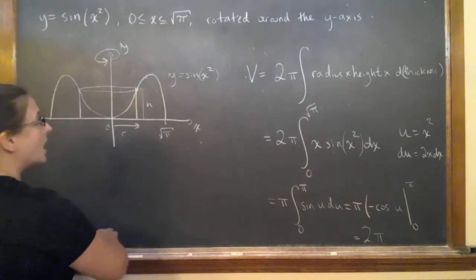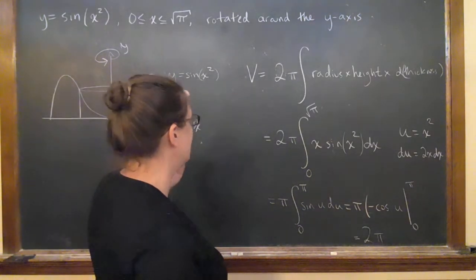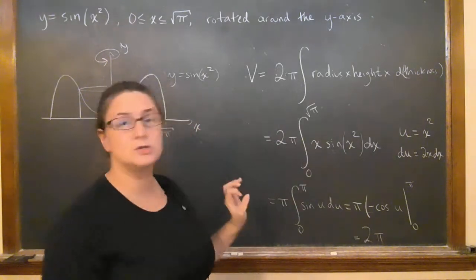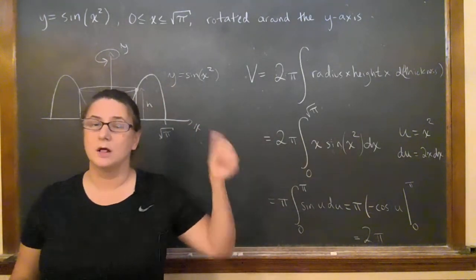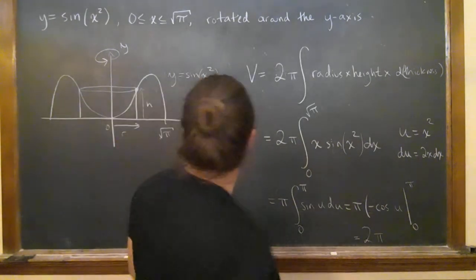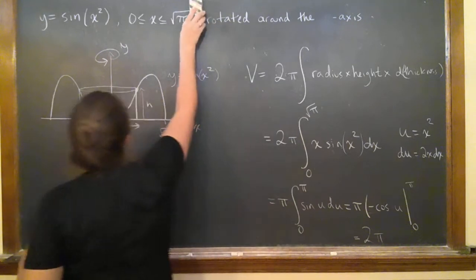So I'm going to keep this up here because that's the same formula for everything. Now I'm going to do another example, but we're going to be rotating around the other axis. We're going to be rotating around the x-axis for my second example.